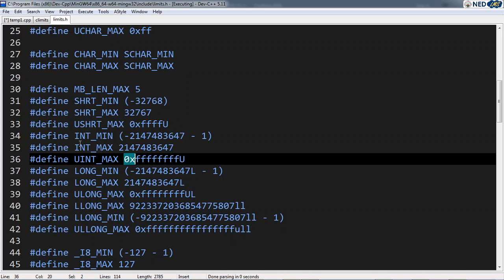Okay, signed integer minimum, integer maximum, it goes from -2147483648 to 2147483647.